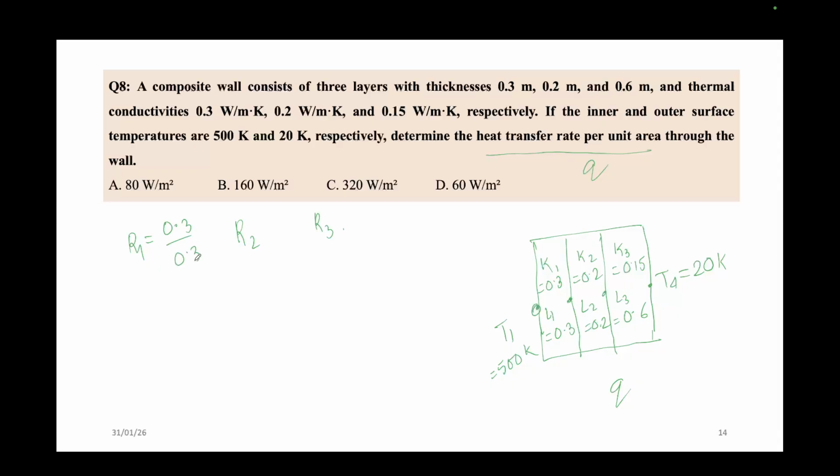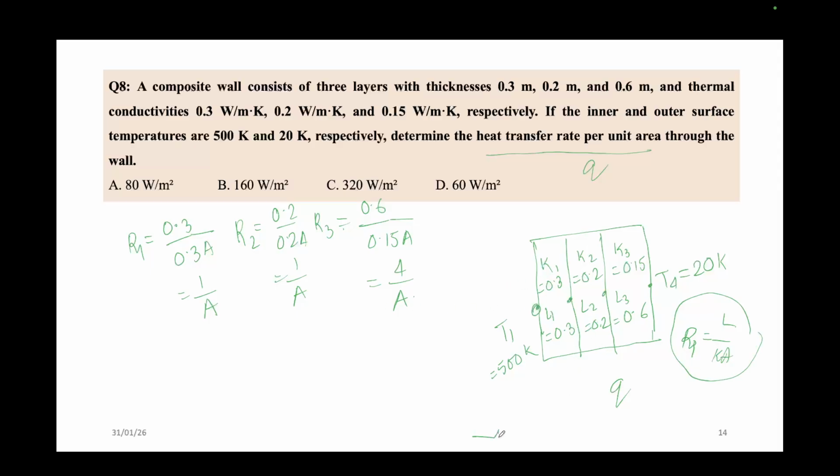K1 is 0.3, so 0.3 by 0.3A, that means 1 by A. And this one is 0.2 by 0.2A, that is also 1 by A. And this one is 4 by A. Which formula have I used? R is L by KA. So that is the resistance.